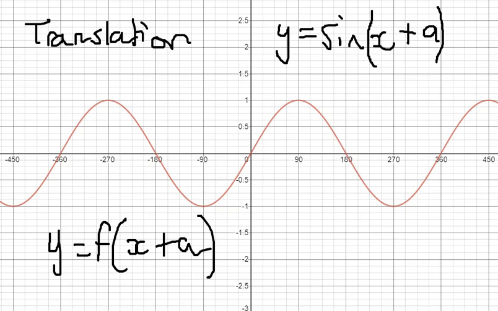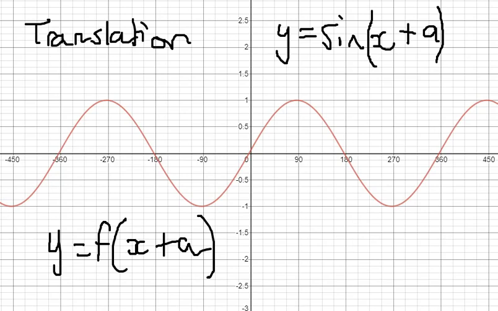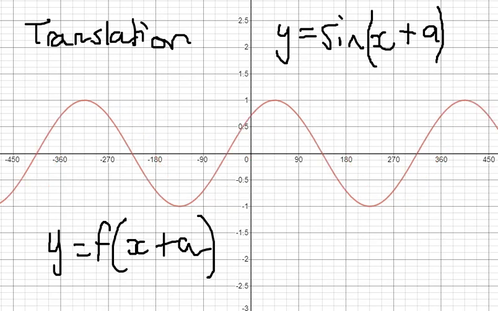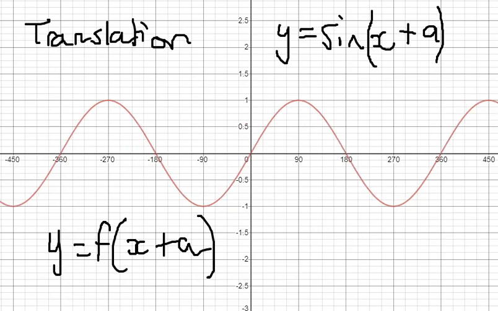If I make the a value 3, you might be able to just see it's moved slightly, but of course I've just realized my axis is in 90s, so I just need to amend Desmos slightly.